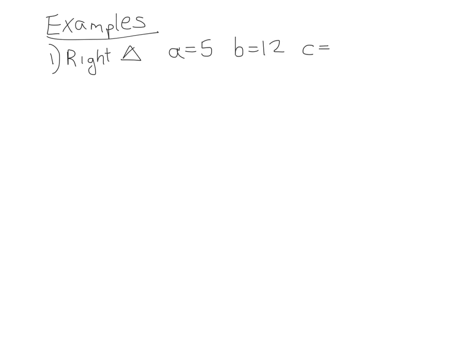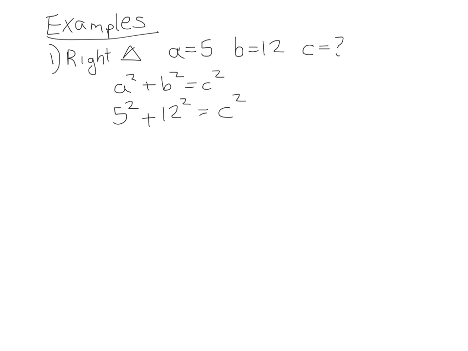And you're asked to find C. Okay, since you know it's a right triangle, you know that A squared plus B squared will always equal C squared. So A squared, A must be a leg, B squared, B is 12, equals C squared.